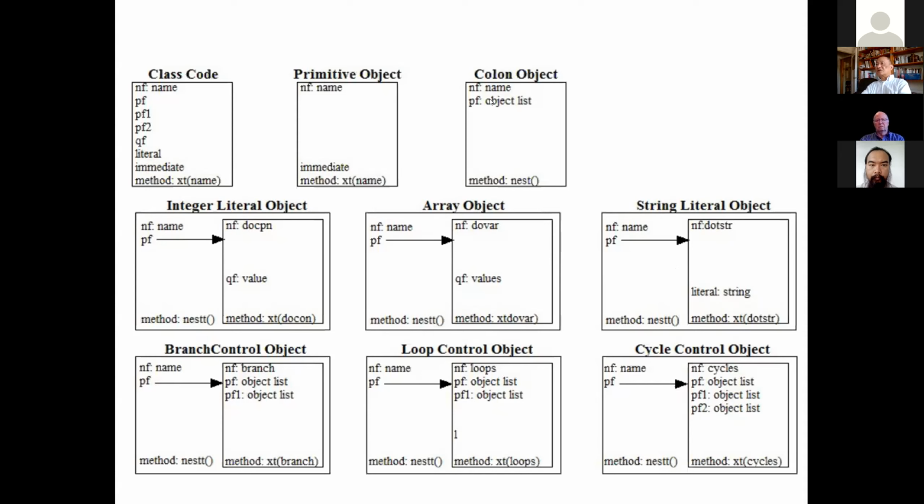It doesn't have loops or branches, because all these branches, loops, and cycles are absorbed into single objects. And so you have only a linear list, and this list can be interpreted very conveniently by this very simple nest method.